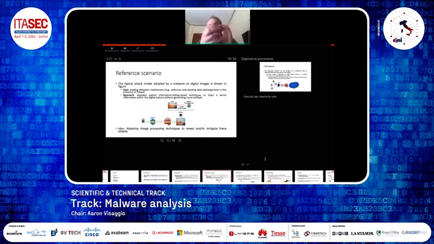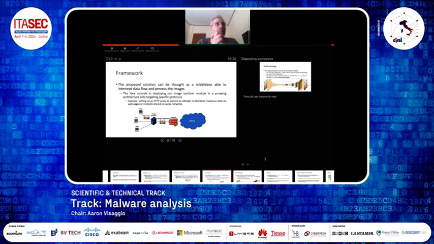The approach used by these attackers consists in exploiting information hiding based techniques to inject secret information within the digital picture without generating visual artifacts, since visual artifacts can reveal the presence of a malware. Our idea is adopting image processing techniques to reveal and/or mitigate these attacks.